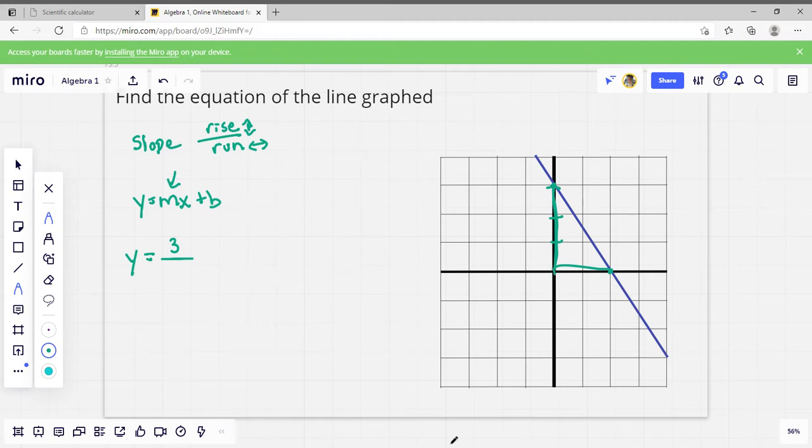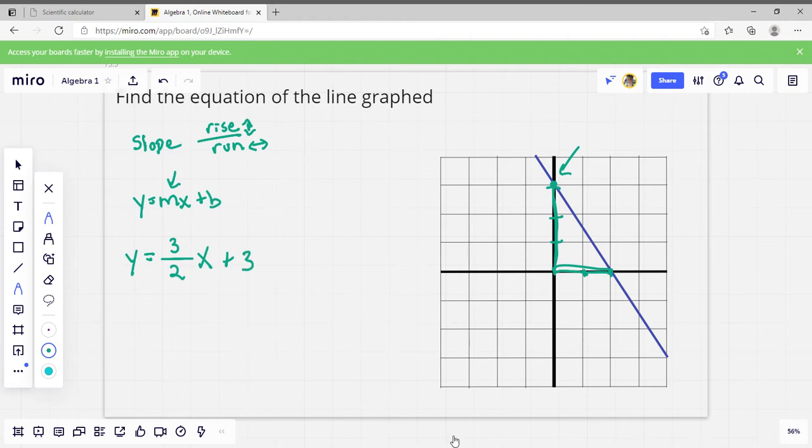And our run, we went over 1, 2 spaces. That gets multiplied times our x, so we just filled in our m with 3 over 2, plus b. B is our y-intercept, where it crosses the line. It crossed right there. So that would be 1, 2, 3, positive 3.